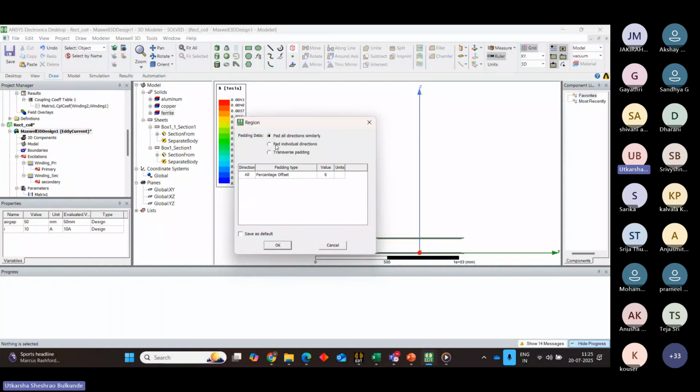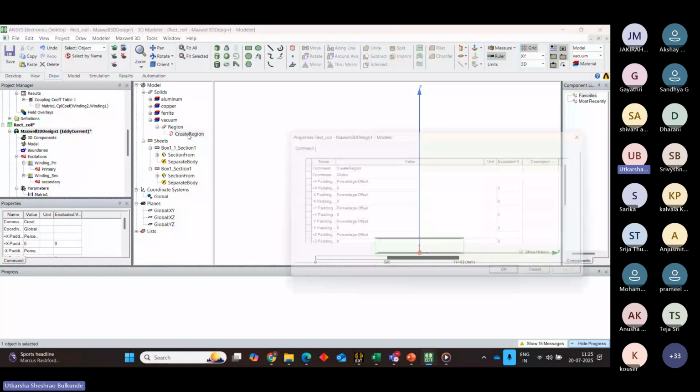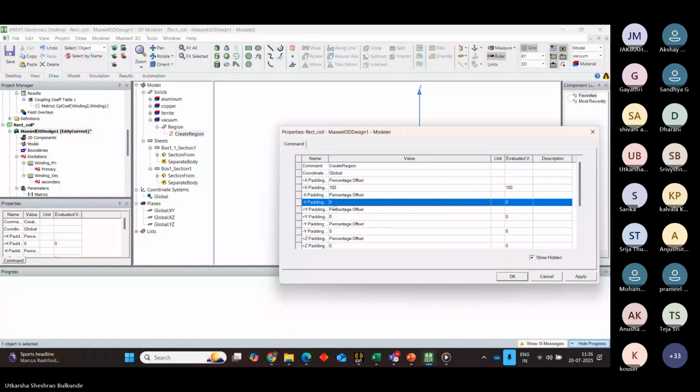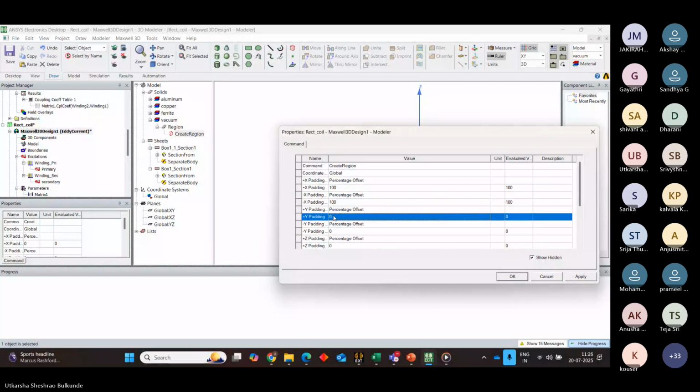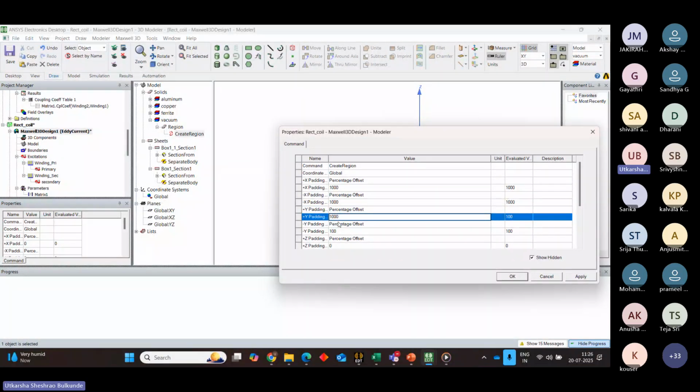So by my mistake, please learn. Don't forget to give region. Okay. I just debugged it twice, thrice.